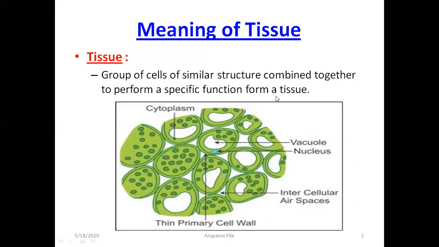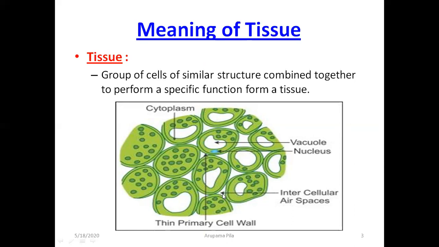In this diagram, you can see that cells are grouped together and they have similar structure, so they are making a tissue. In the cell, you can see this is the cytoplasm and this is the vacuole. Then this is the nucleus.